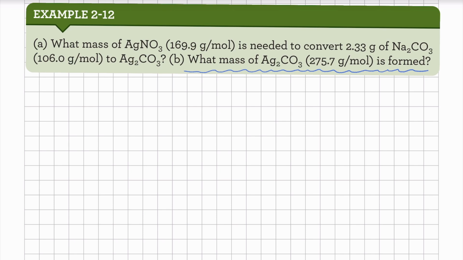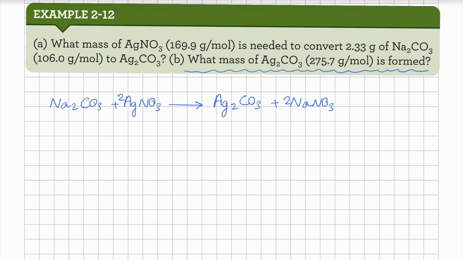So we can say Na2CO3 plus AgNO3 can give us Ag2CO3 plus NaNO3. To balance this equation, we can add a 2 on this side and a 2 on this side.